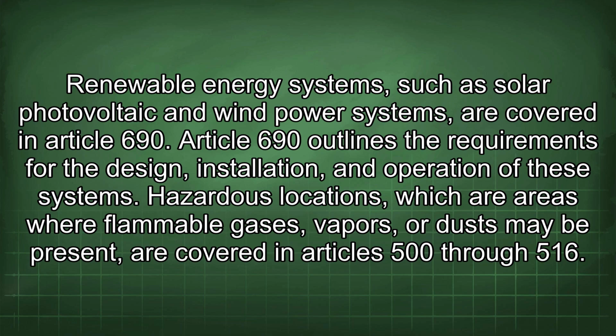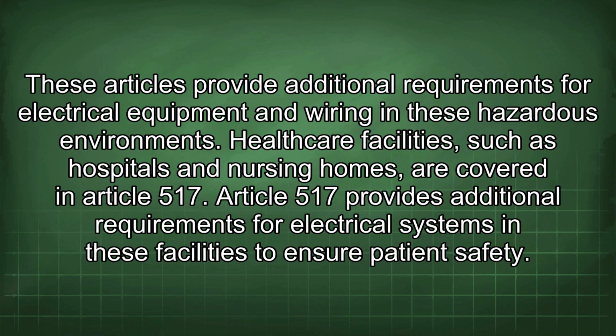Hazardous locations, which are areas where flammable gases, vapors, or dust may be present, are covered in Articles 500 through 516. These articles provide additional requirements for electrical equipment and wiring in these hazardous environments. Healthcare facilities, such as hospitals and nursing homes, are covered in Article 517.